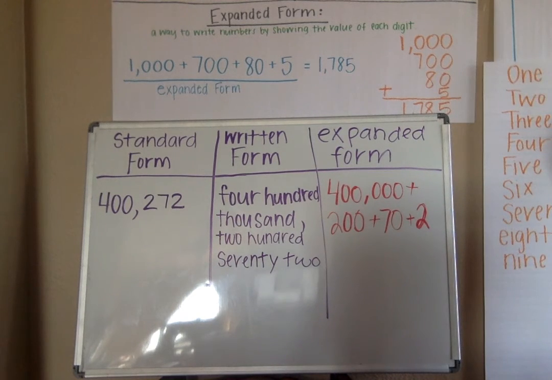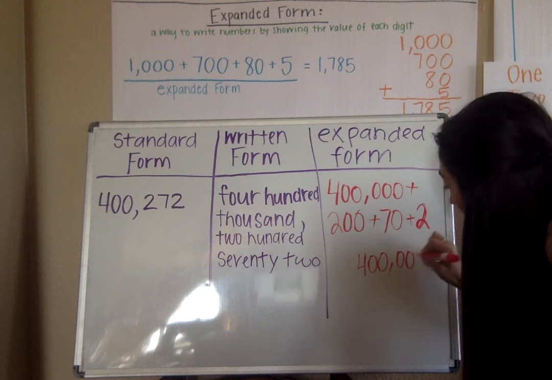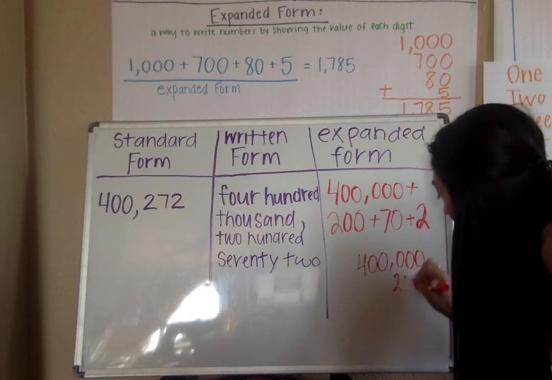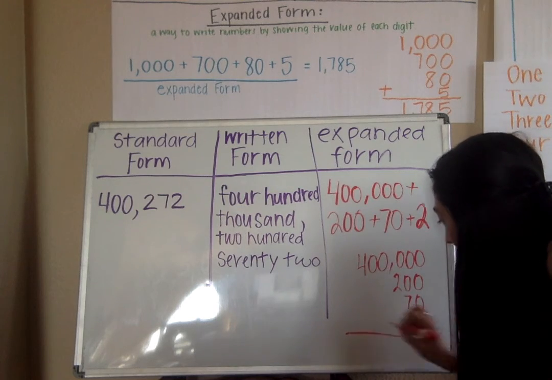Now, to check your work again, you can write it the other way, and you can line it up to make sure that you are doing this correctly. I will move and get out of the way.